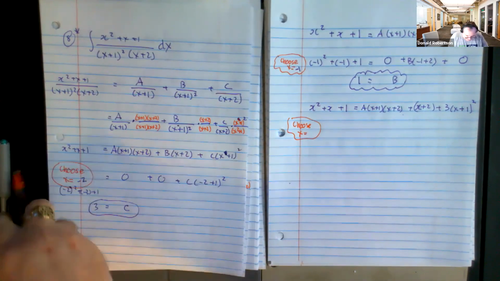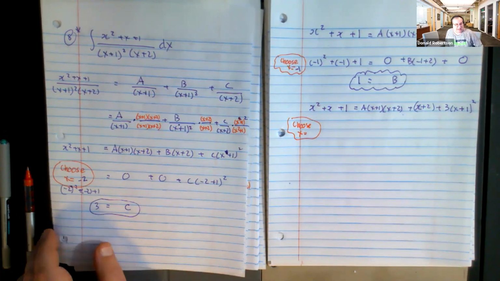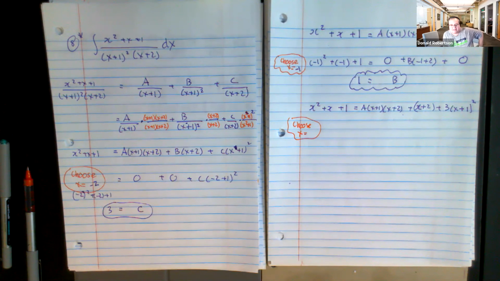Last x. You agree? Anything will work as long as it doesn't kill A. Would you agree? Any value of x will work as long as it doesn't kill A. So give me any value of x that will work in this last one. 0.